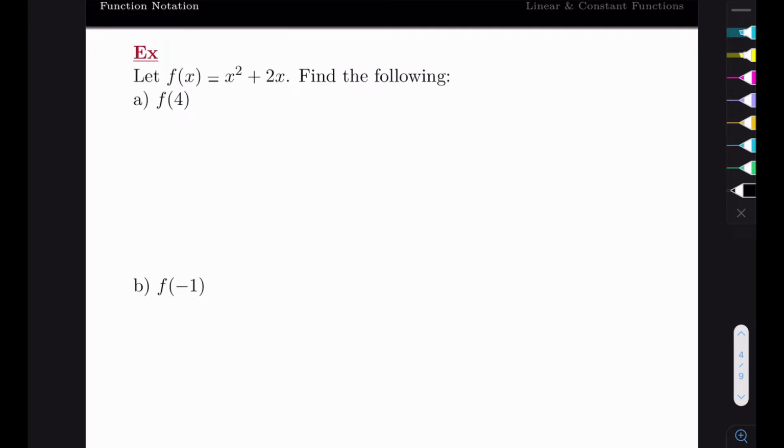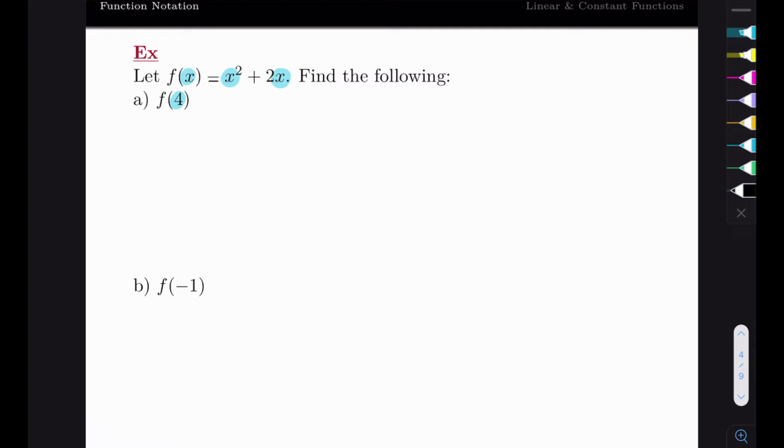In the same manner that we found y values before, anywhere we see an x, it's going to get replaced by whatever we have here. I'm going to replace the x by whatever expression we have on the inside.